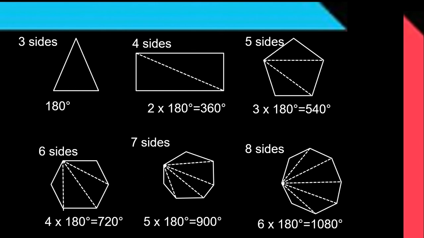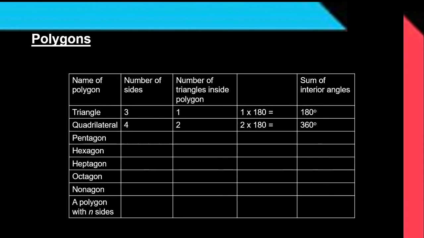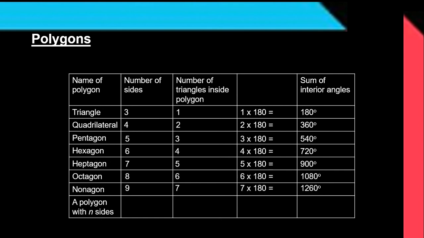Now let's look at how many sides a polygon has and the number of triangles that actually fit inside. Because if we'd done what we did to begin with, it would take far too long to work out the angles inside the polygon. I'm going to use this table to help me explain. We have different names of polygons: triangles, quadrilaterals, pentagons, hexagons, heptagons, and so on.